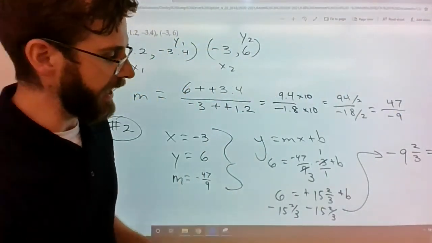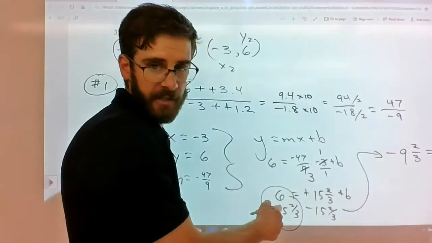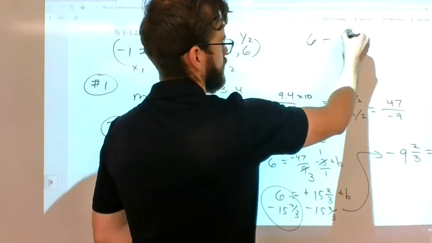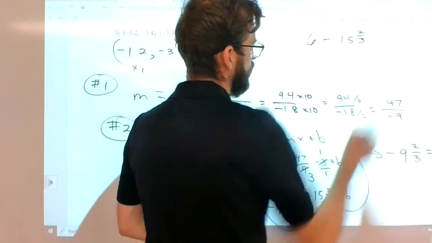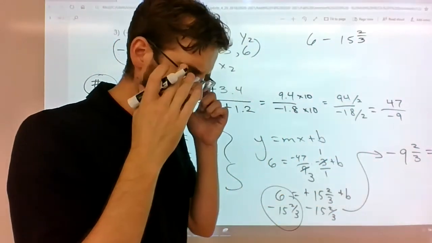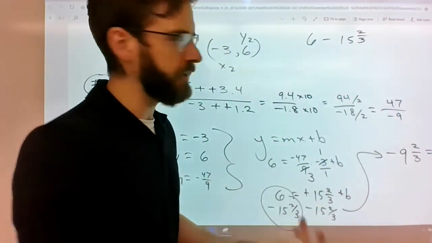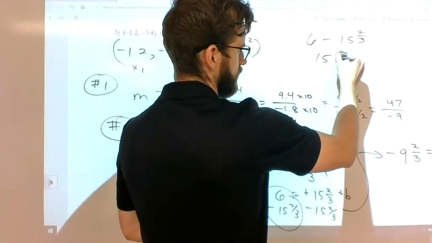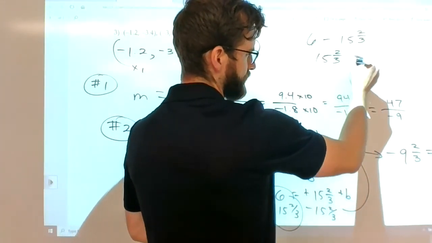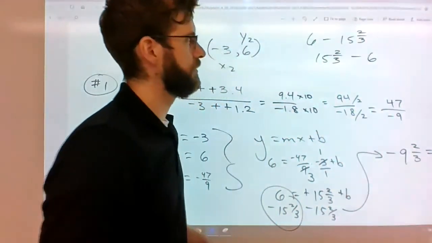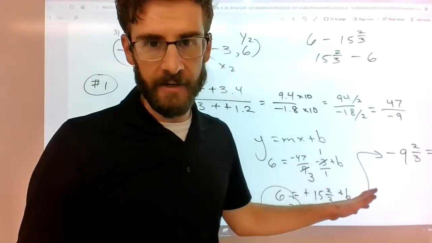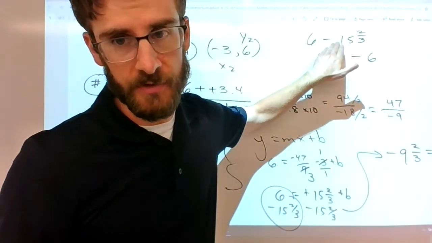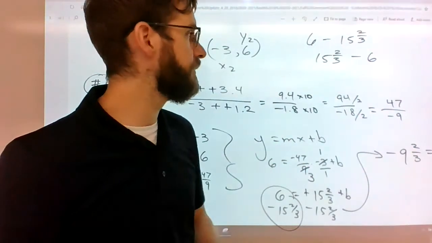So how did I do that? For this calculation, well, I kind of flipped it around. I said, well, really we're taking 15 2/3 minus 6. We just know that the answer is going to be negative because the bigger of the two numbers is negative.